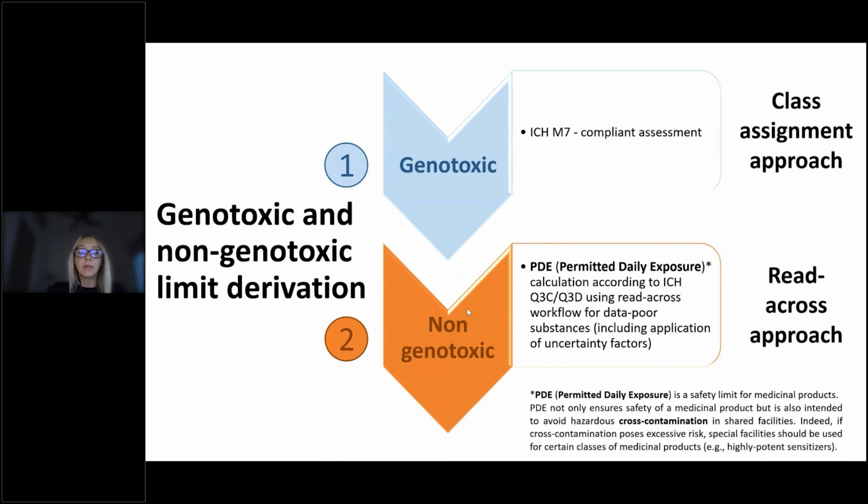If the impurity is assessed as non-genotoxic, in the next step, a read-across approach can be applied to support the derivation of a PDE according to the ICH Q3C and Q3D guidelines. So in such a case, once established that the impurity is not genotoxic, in the case of a data-poor substance, where we are lacking experimental evidence, a read-across approach can be employed to support a PDE derivation.